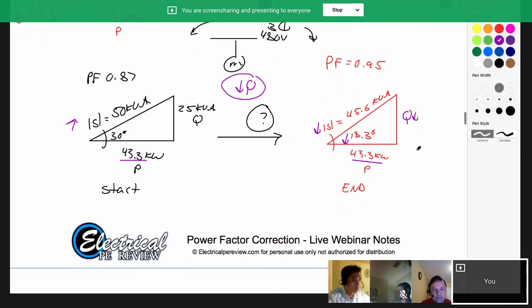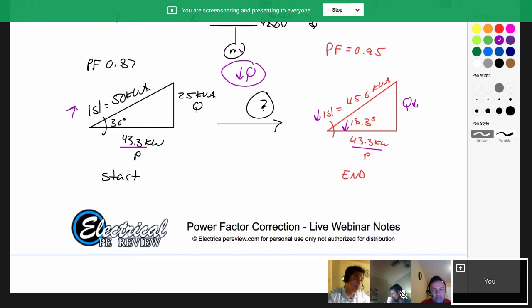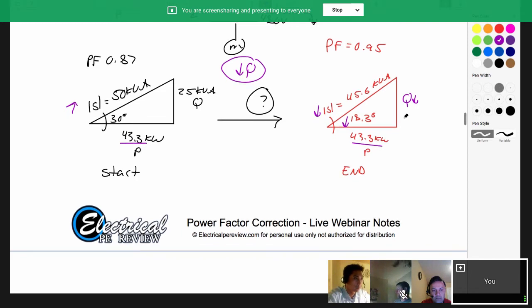So how do we find out how much we have to lower Q by? Solve for Q. Perfect. Thank you. How do we solve for Q over here? There's a couple of different ways. We can use a trig function with the angle. We can use the square of the sides since we know the other two magnitudes.